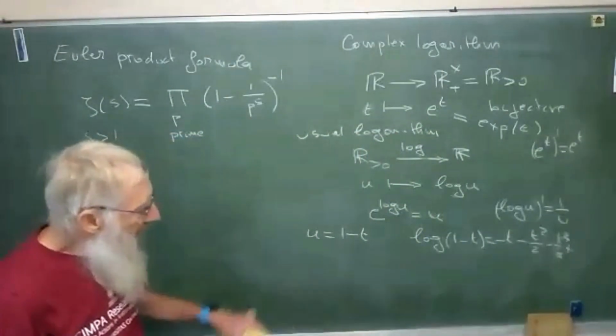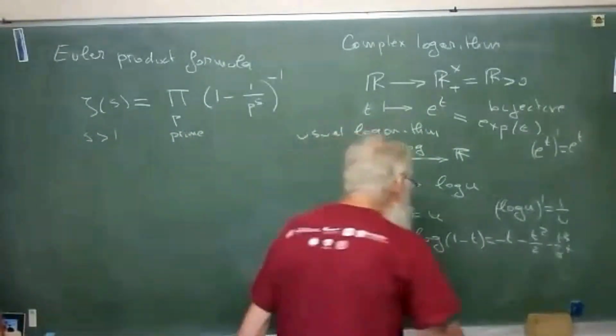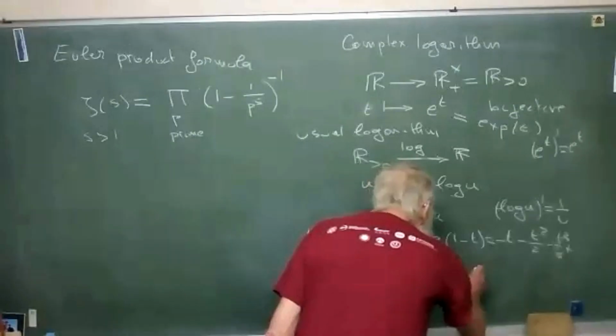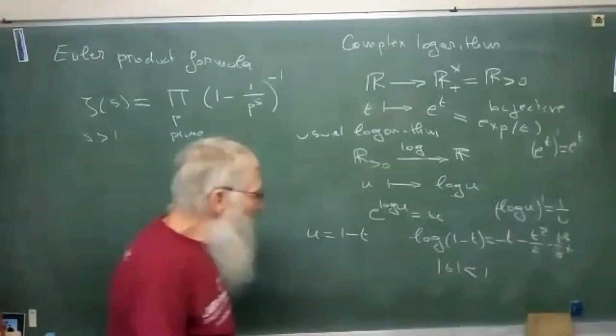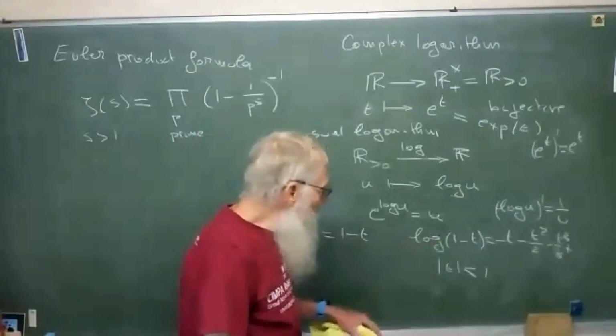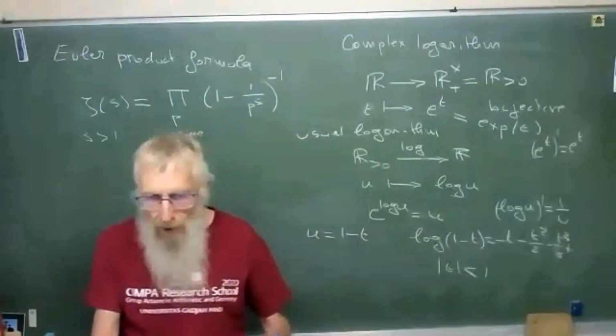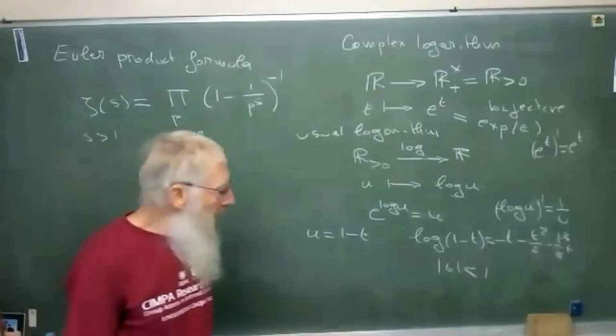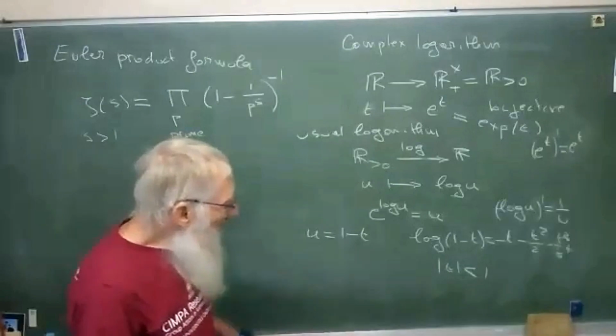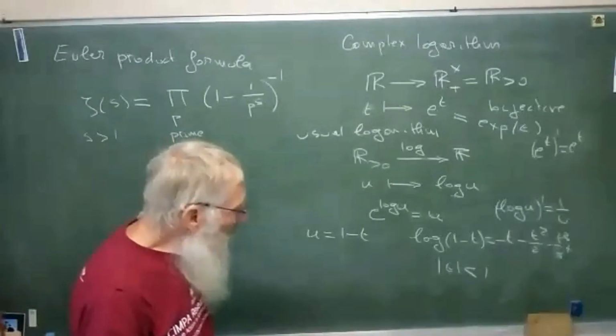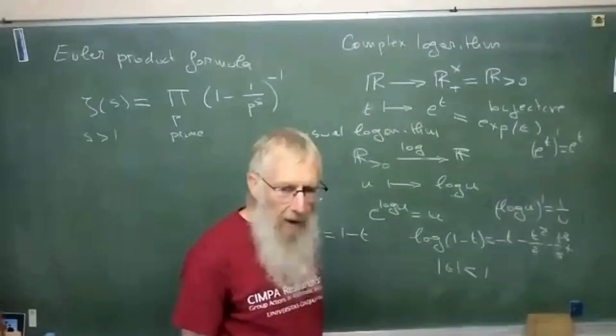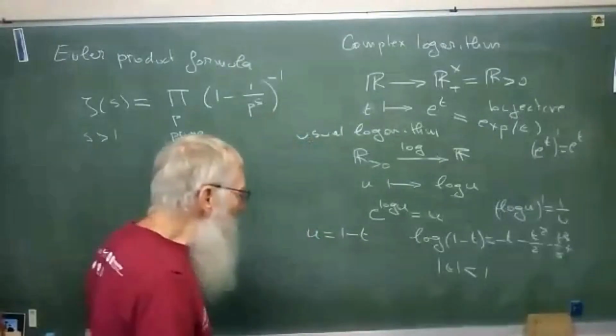And this is valid when the absolute value of t is less than 1, so 1 minus t is between 0 and 2. In fact, this formula is valid also for t equal minus 1. And we will come back to that later.